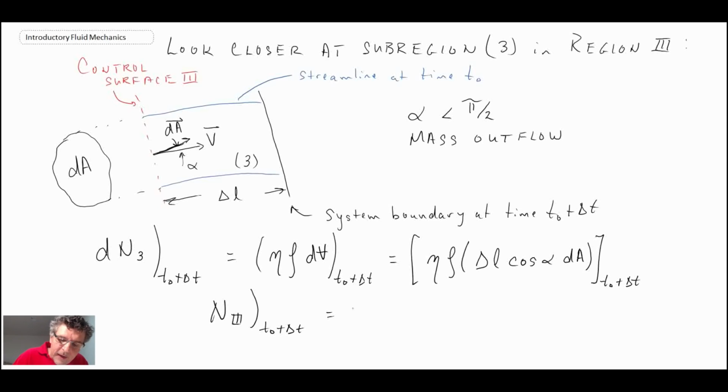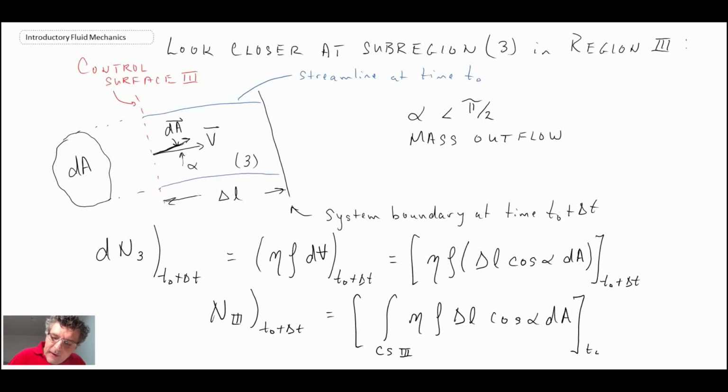we can then write that extensive property in region 3 at t0 plus delta t is just the integral of that over the control surface at 3. And what we're integrating is eta rho delta L cos alpha dA.